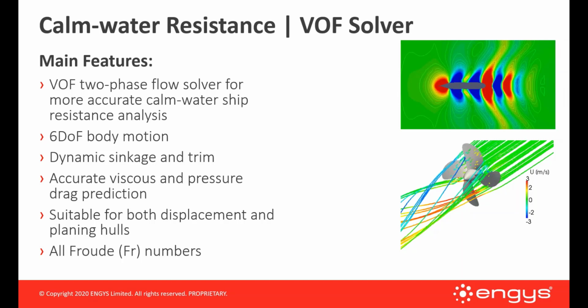It also includes 6 DOF body motion. And in terms of ship motion, you can have different outputs, for example sinkage and trim. In terms of application area, it runs fine for both displacement and planing hulls at all Froude numbers.